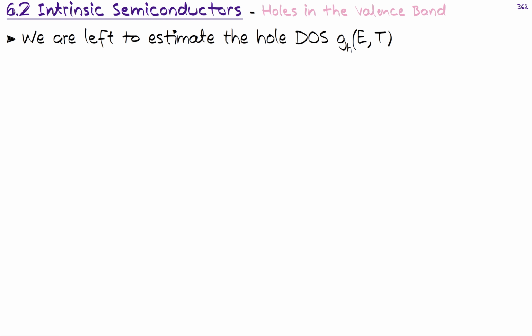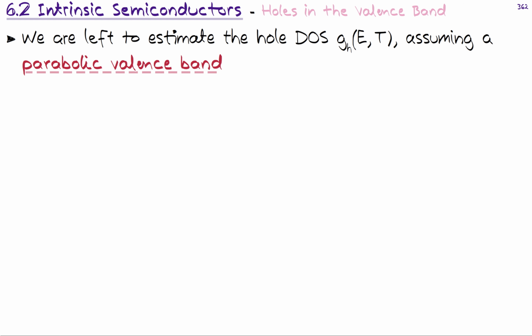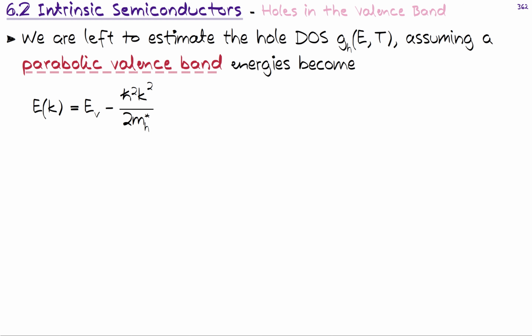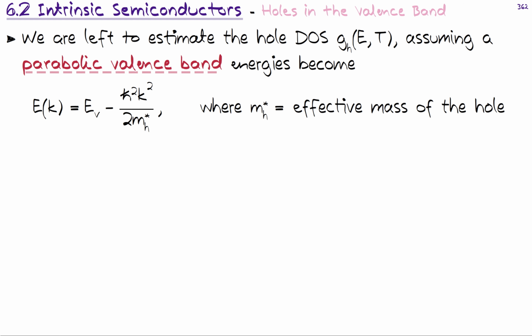So now what we are left with is that we must estimate the whole density of states, this G_h term. And again, we assume that we are dealing with a parabolic valence band, so that the dispersion relation is of a form where E_k depends on the amplitude of the wave vector, and we have the EV value minus h bar squared k squared divided by 2 times the effective mass of our vacancy state, m_h star.